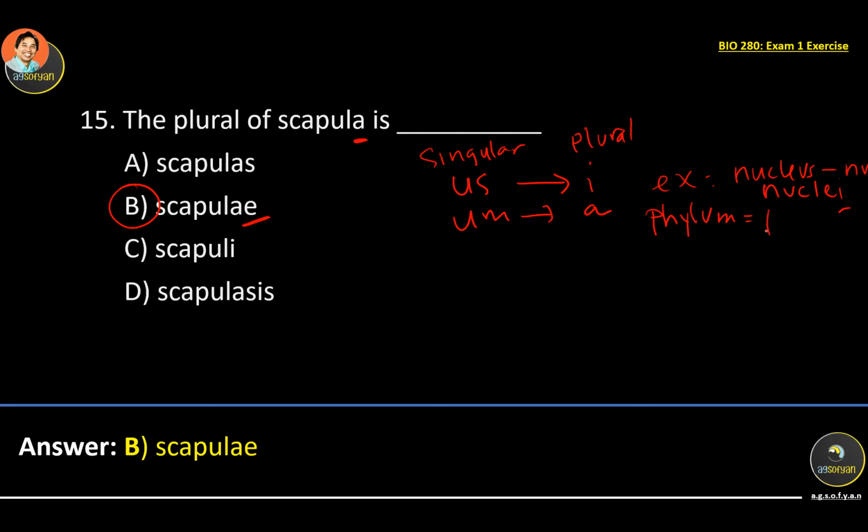Many phylum will be phyla. Bacterium, bacteria. If it ends with A, then just add the letter E, like scapula becomes scapulae. That's the kind of rule for making plural from singular.